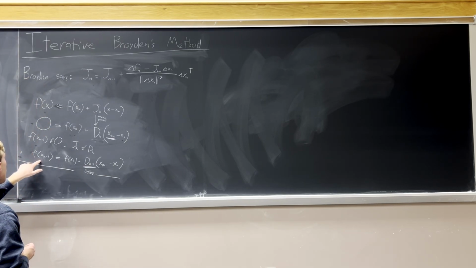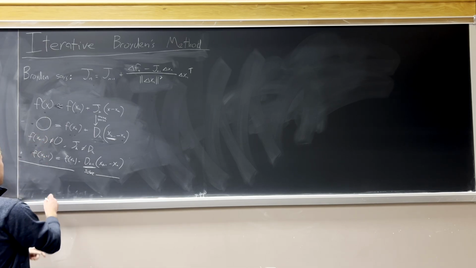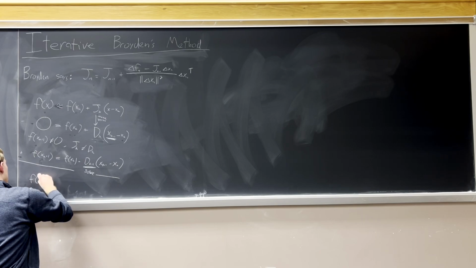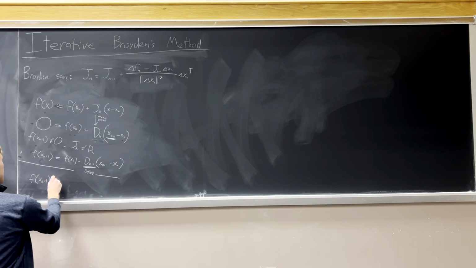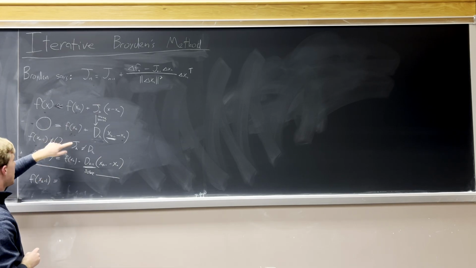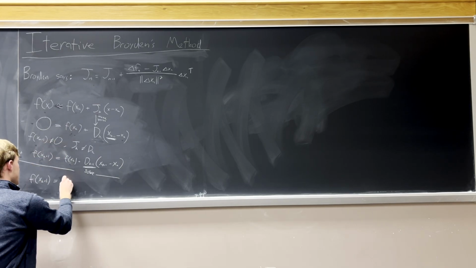So right here, we have our new output point, f at x_{k+1} minus 0, so that's just going to be f of x_{k+1}. And we're going to have an equal sign there. And right here we have f of x_k and f of x_k, so those cancel out to be 0.